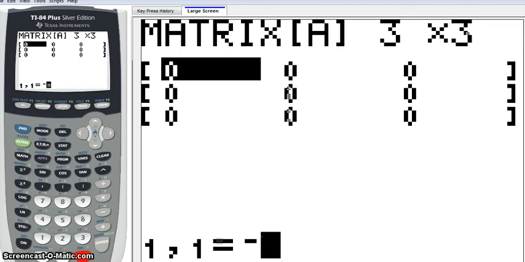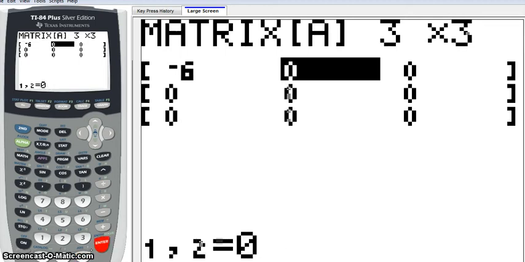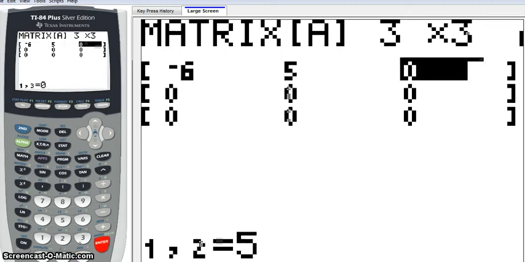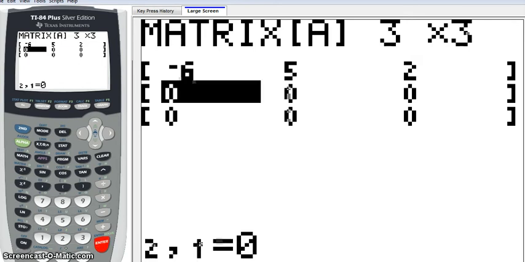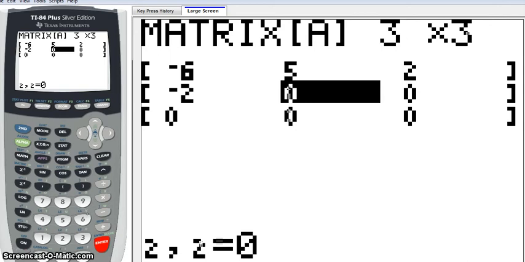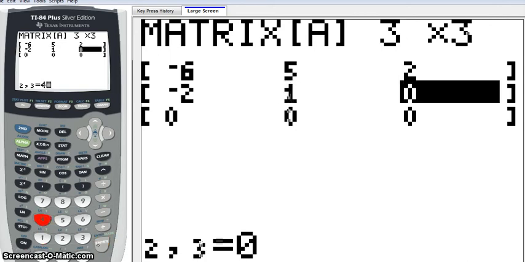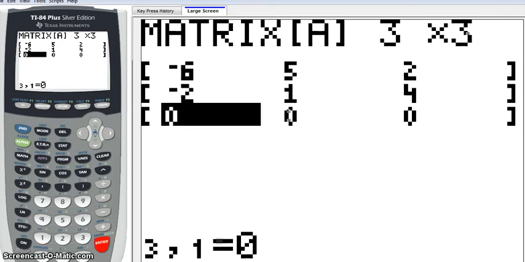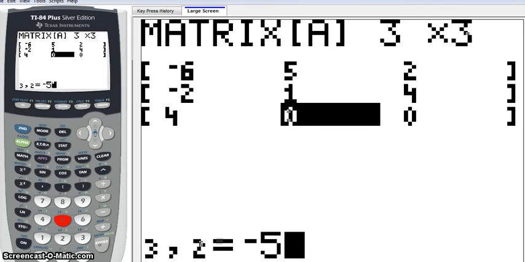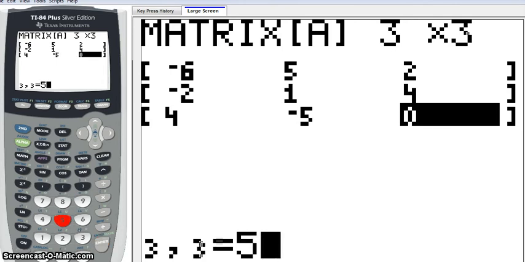So the numbers are -6, 5, 2, -2. Make sure you're using the negative button, not the minus button. -2, 1, 4, 4, -5, and 5.